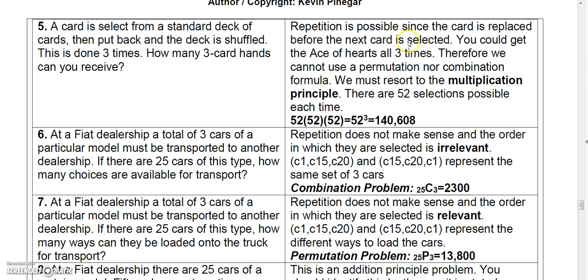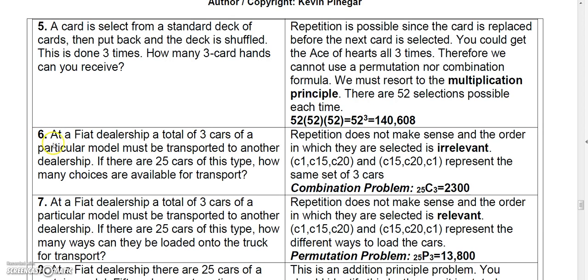So you can get the same card again. So you could get the ace of hearts all 3 times. Therefore, we cannot use the permutation nor combination formula. You have to resort to the multiplication principle. So there's 52 choices for the first card, 52 choices for the second card, and 52 choices for the third card. So the number of possibilities would be 52 to the third power.